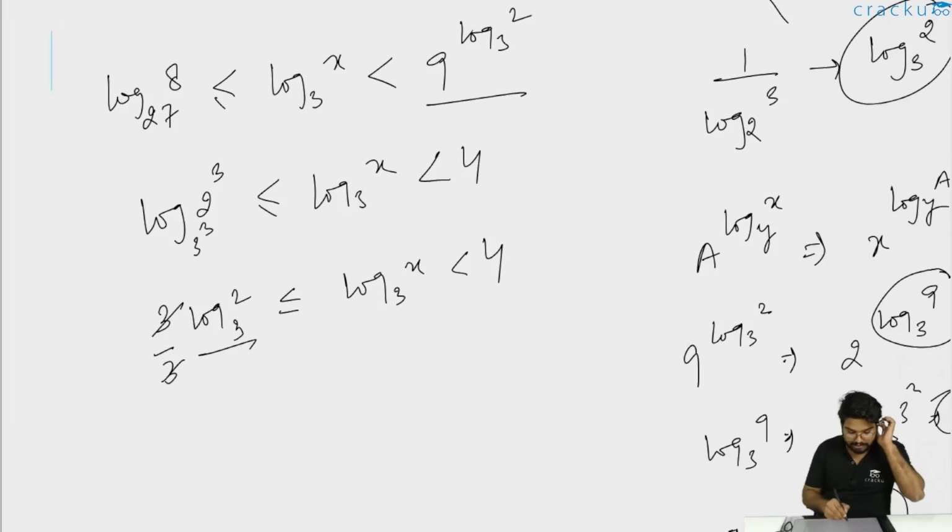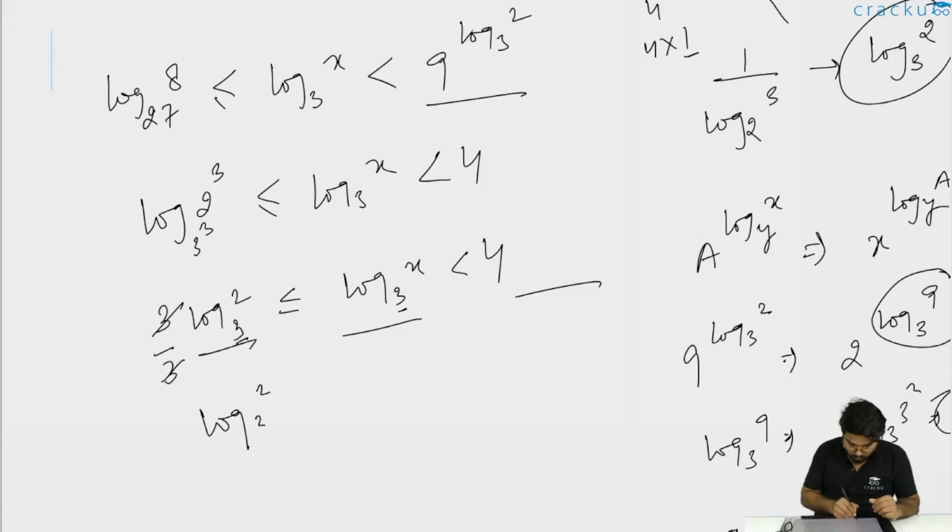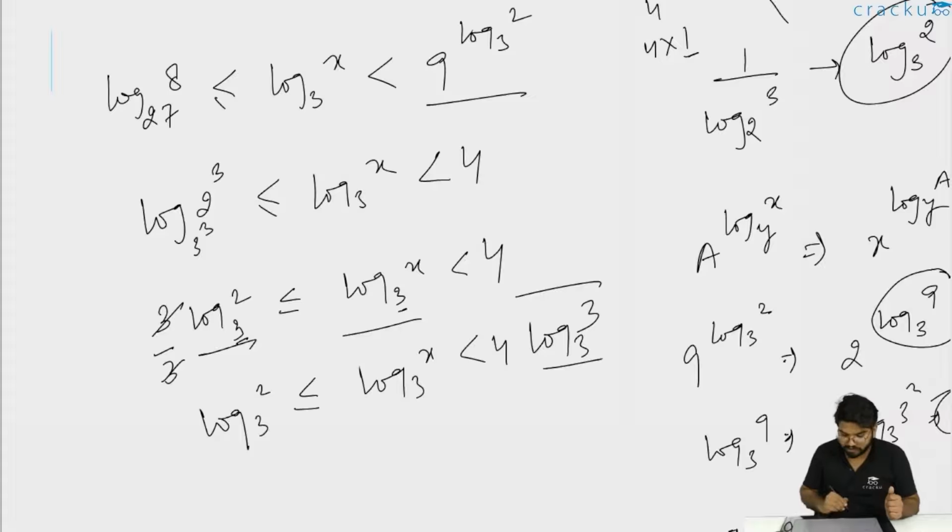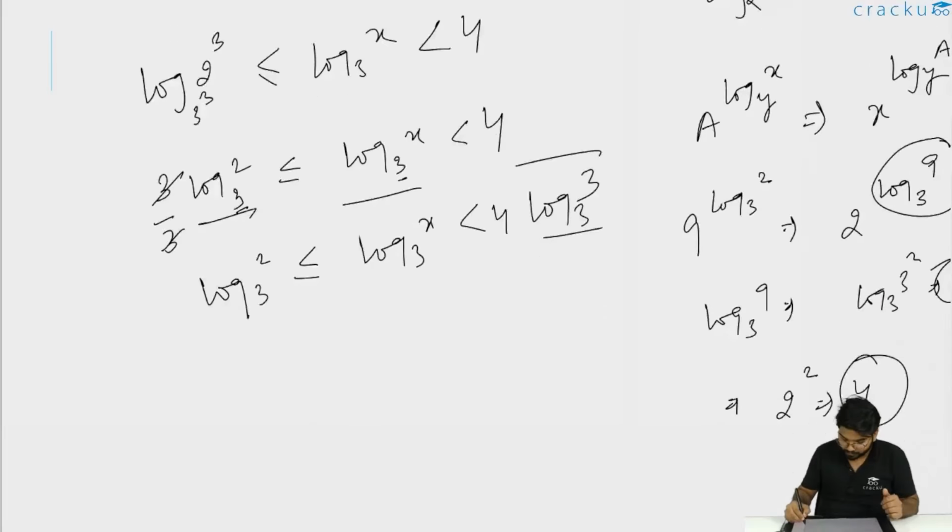Now we have log here, we have log here, we can take log. I can write 4 as 4 into 1, and since the base is 3 here and 3 here, I can write log 2 with base 3 should be less than log x with base 3 should be less than 4 log 3 with base 3. This is something I can write because this value is nothing but 1 only.